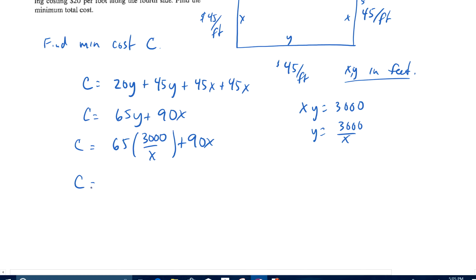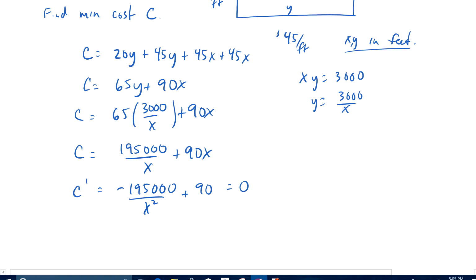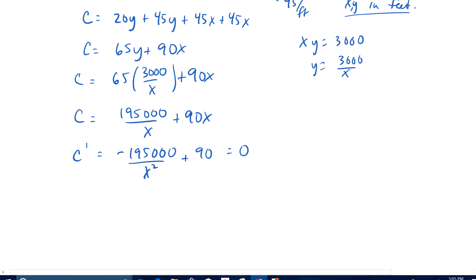So let's go ahead and make it a little easier. 65 times 3,000 is 195,000. Okay, so C prime would be negative 195,000 over x squared, because remember that's x to the negative 1, plus 90 equals 0 to find my critical points.